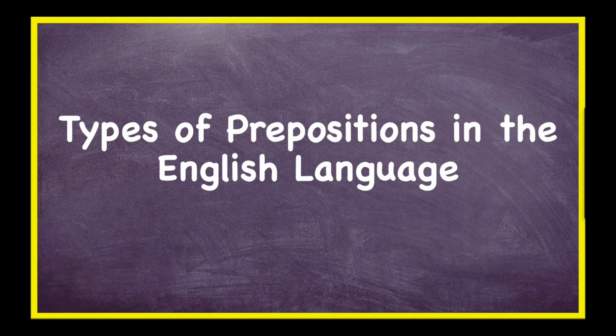A preposition is a word that connects a noun or a pronoun to another word. It's about the relationship between one noun or a pronoun to another word or element in the clause. All right. And there are different types of prepositions.